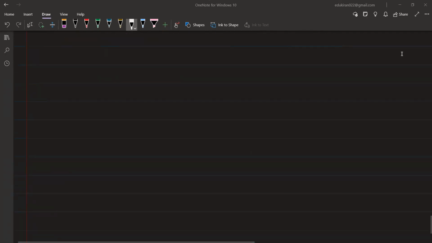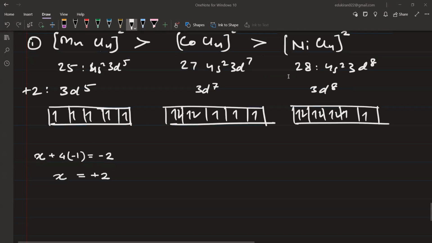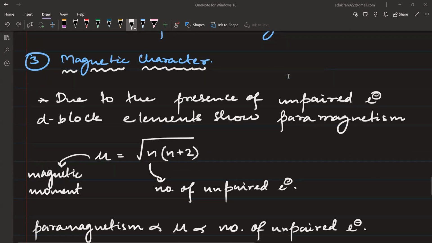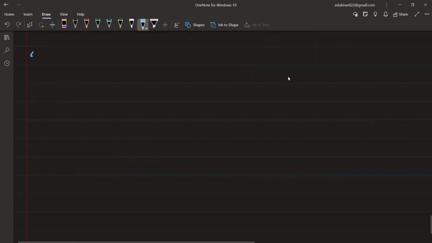Now, the next important point is color. Okay. Color is also very important. First of all, they will ask you why do they show color. The fourth property is color. Okay. Number one.